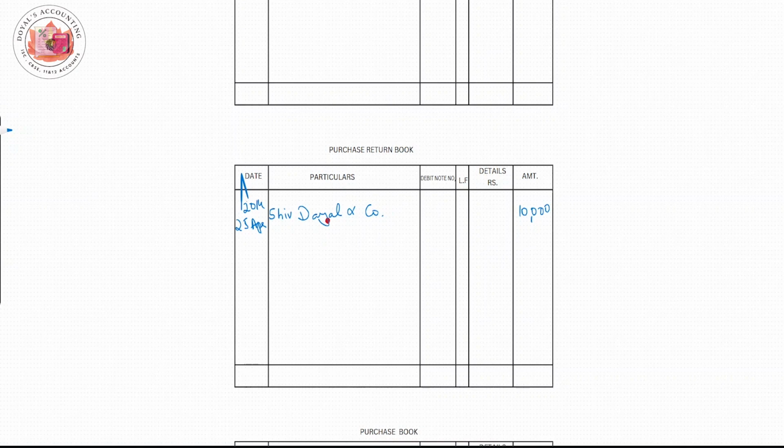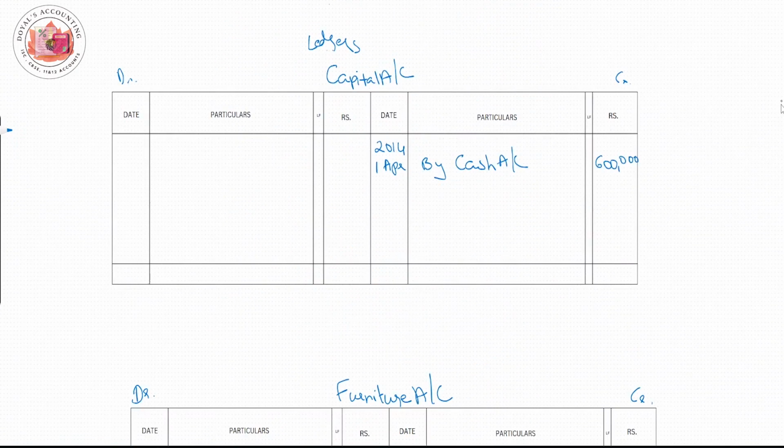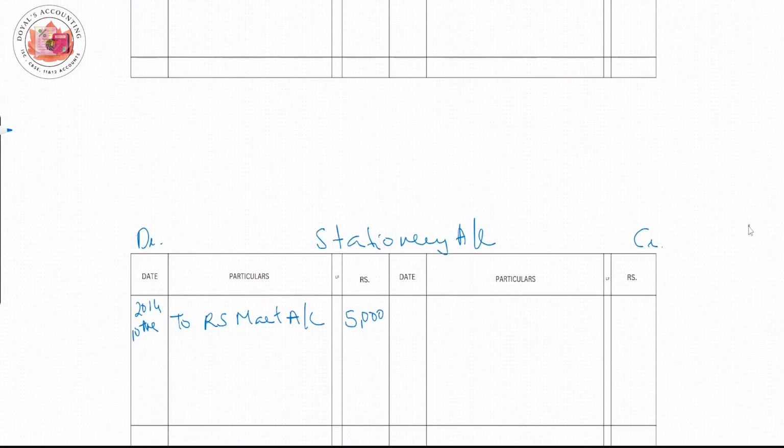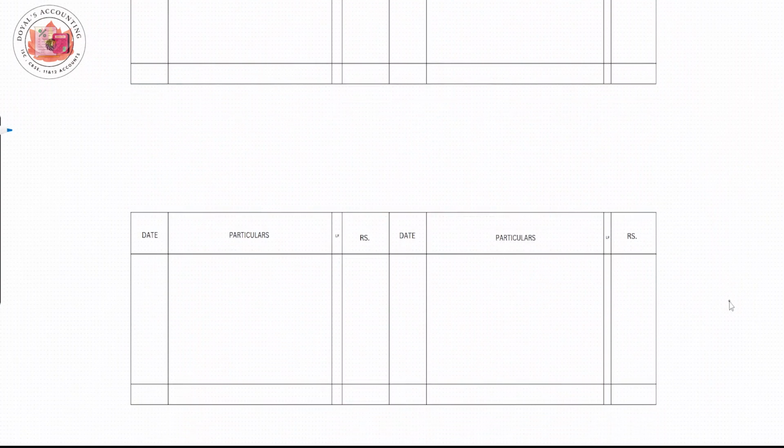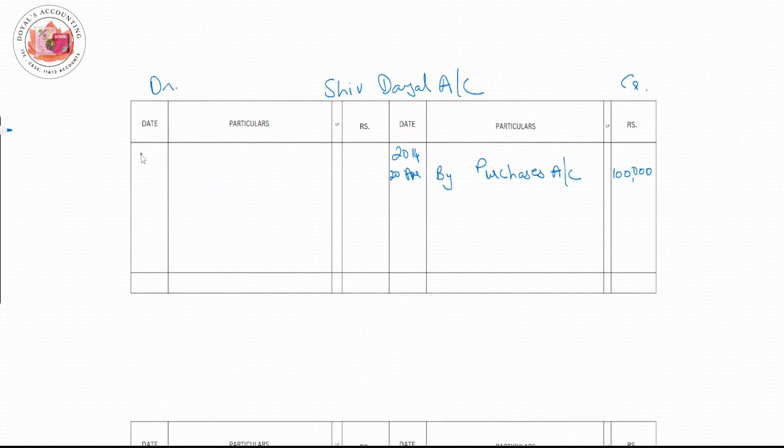And similarly, in Shiv Dayal and Company, in their ledger, 2014, 25th April, I will record purchase returns. To purchase returns, 10,000.